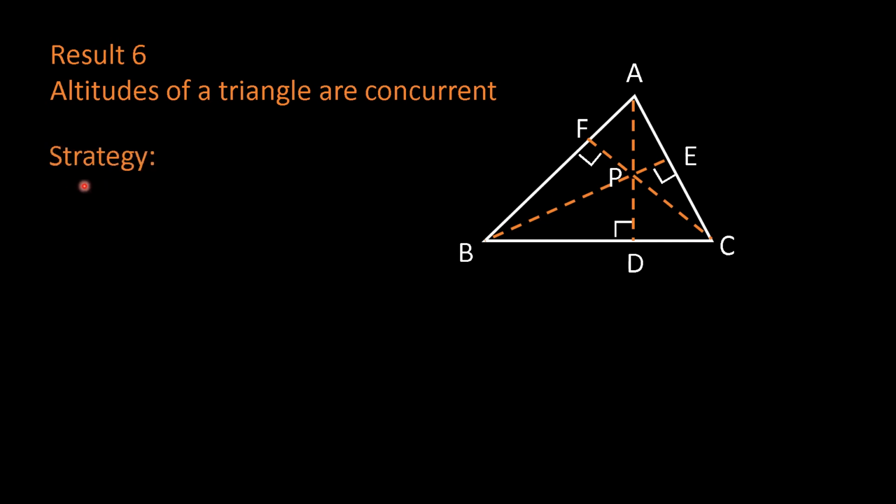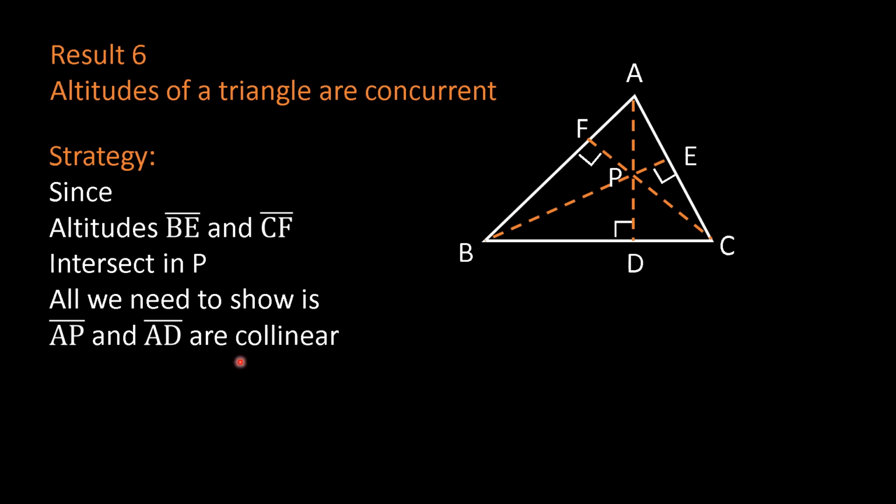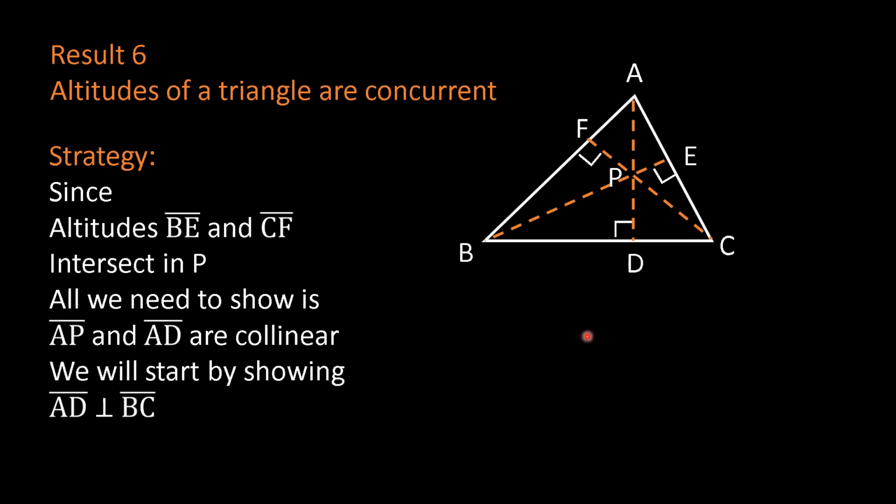We will use the strategy that since altitudes BE and CF intersect in point P, all we need to show is AP bar and AD bar are collinear. That we will start by showing AD bar perpendicular to BC bar.